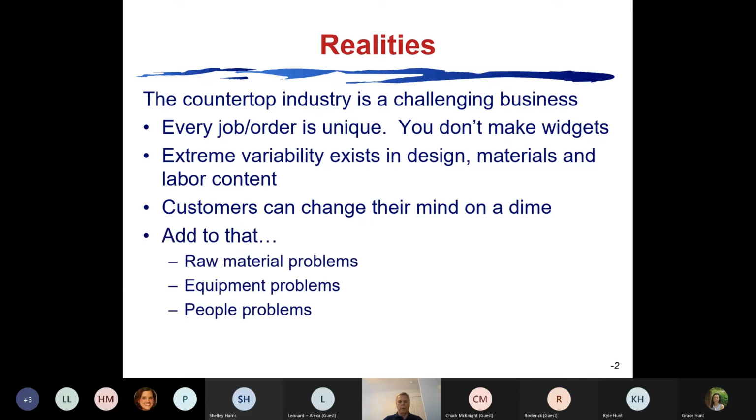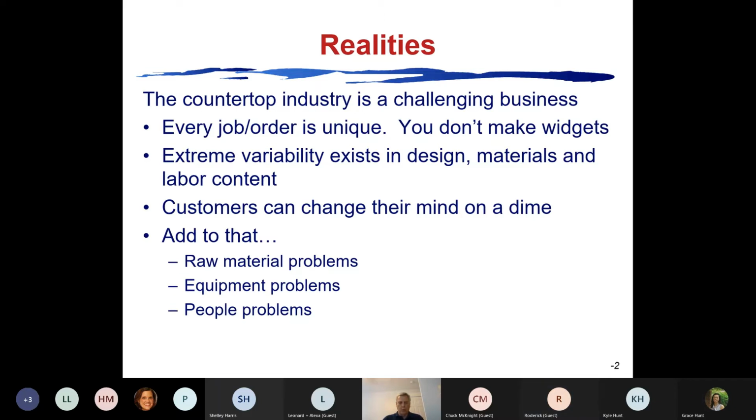Add to all that, you have serious raw material problems, more today than at any other time in my experience. The global supply chain is all messed up due to the pandemic, and that affected the availability of granite and even quartz from suppliers all over the world.